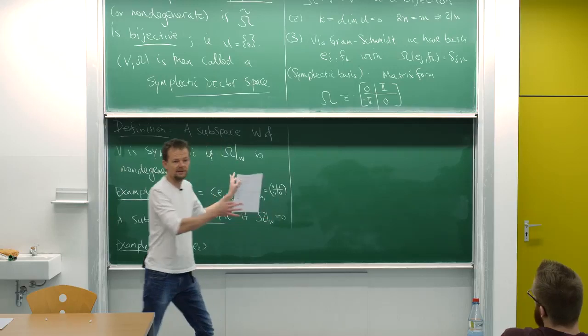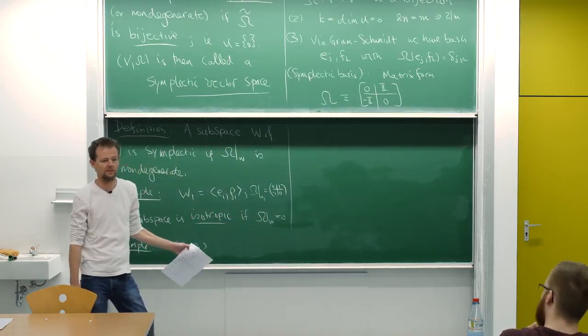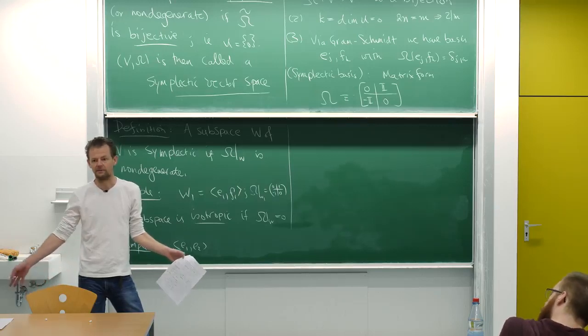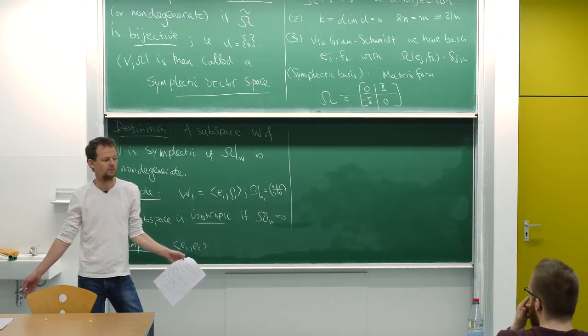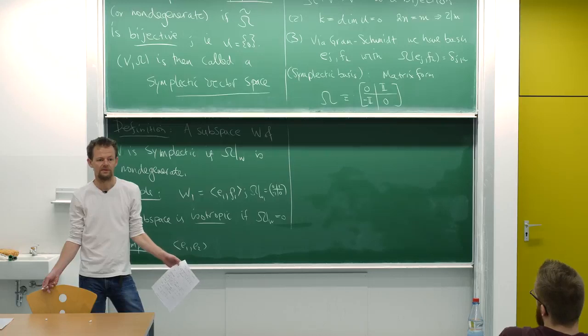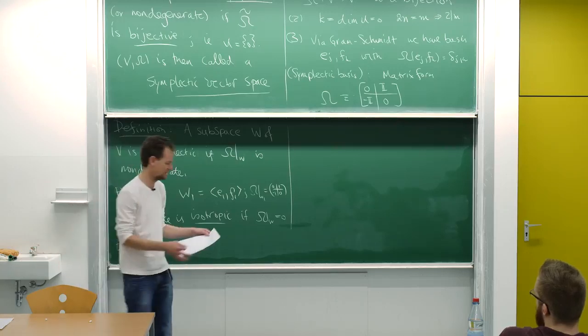That's the objects. Now what about the morphisms? What are the maps between symplectic vector spaces? Which ones are we going to allow? Well, if you have two vector spaces, then linear maps are the usual morphisms between vector spaces. But here we have this additional structure of a symplectic form. So we have to restrict our linear maps, otherwise we might map a nice symplectic vector space to a non-symplectic vector space.